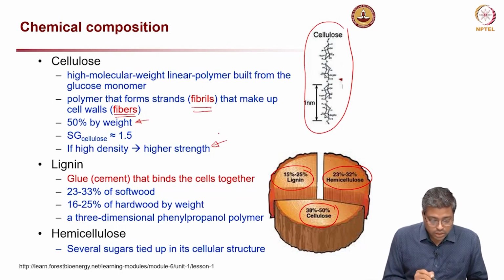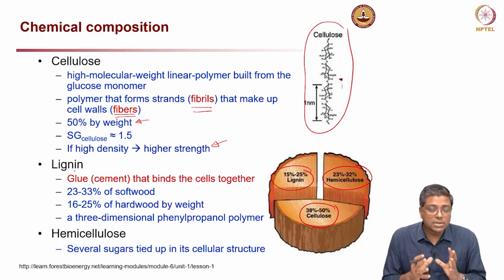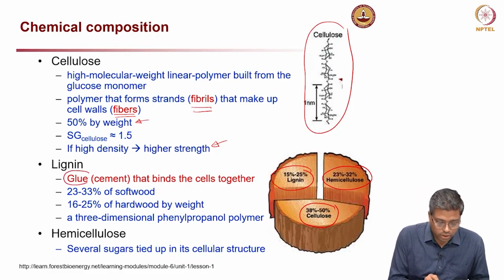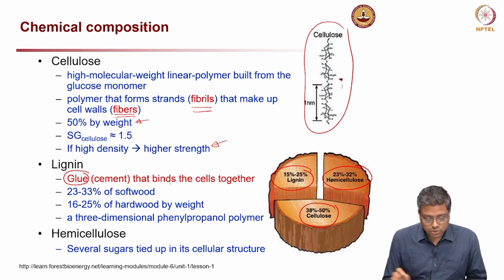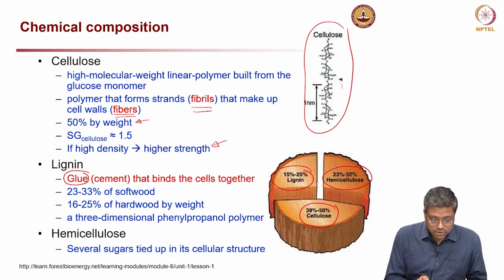Now, lignin is basically the glue that binds the different cells together, the cementitious property. Essentially, it is a glue. It is 23 to 33% of softwood, and in the case of hardwood, it differs.